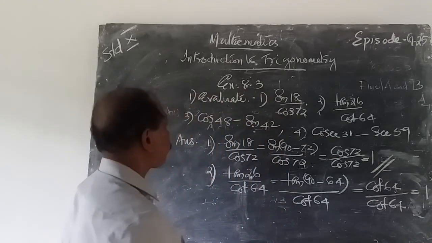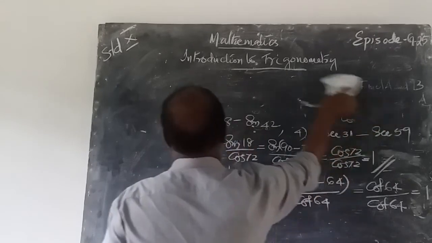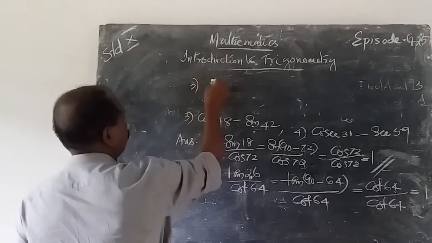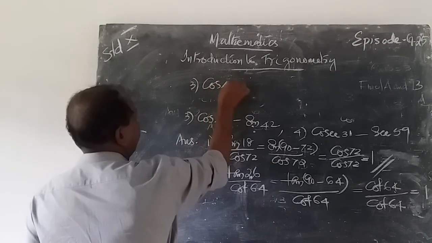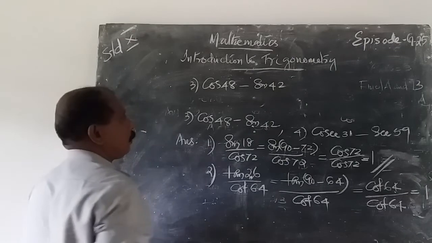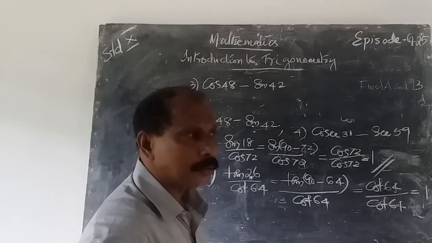Okay. Then what is the third question? Question number 3: cos 48 minus sin 42. That is, 42 is 90 minus 48.